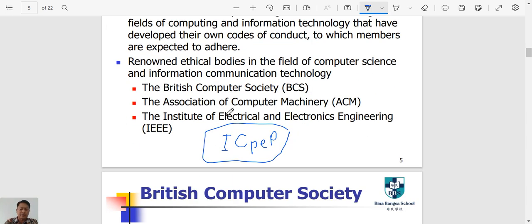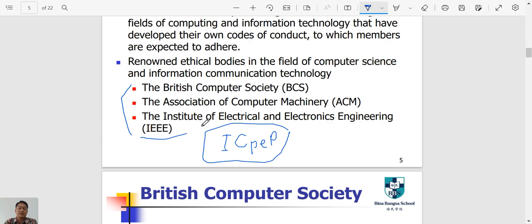Worldwide, of course, this is renowned and they are known for this. We have what we call the BCS. These are considered as professional bodies. The BCS, or the British Computer Society. We also have what we call the ACM, Association for Computing Machinery, and the most famous, the IEEE. I usually call it IEEE.